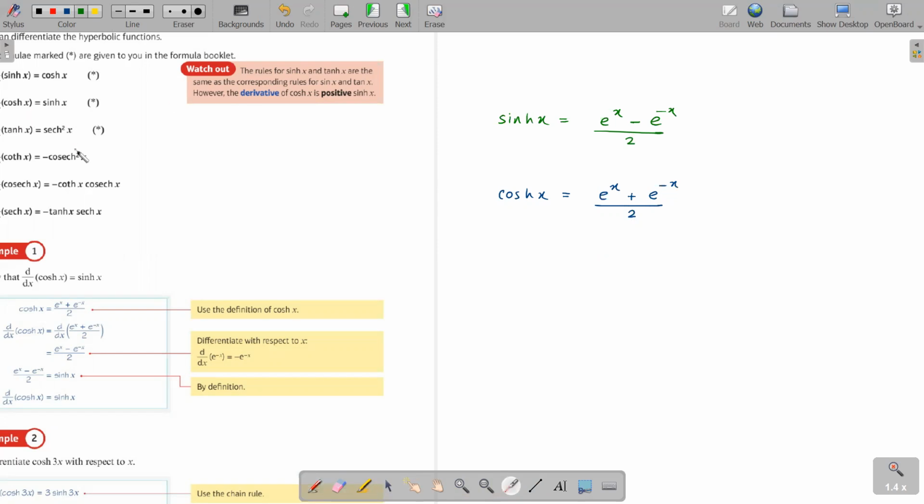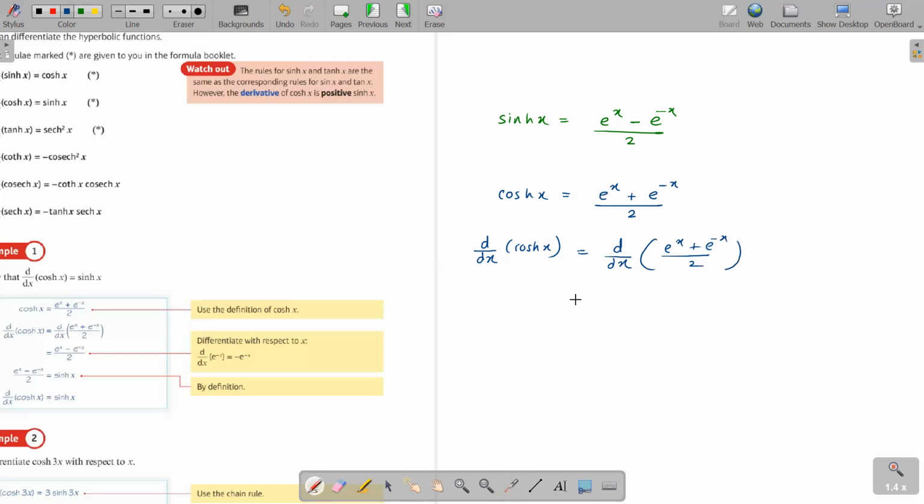So shall we differentiate? D by dx means differentiating what? Differentiating cosh x with respect to x. That's the meaning of d by dx. So on this side also, d by dx means differentiate this particular bracket with respect to x.